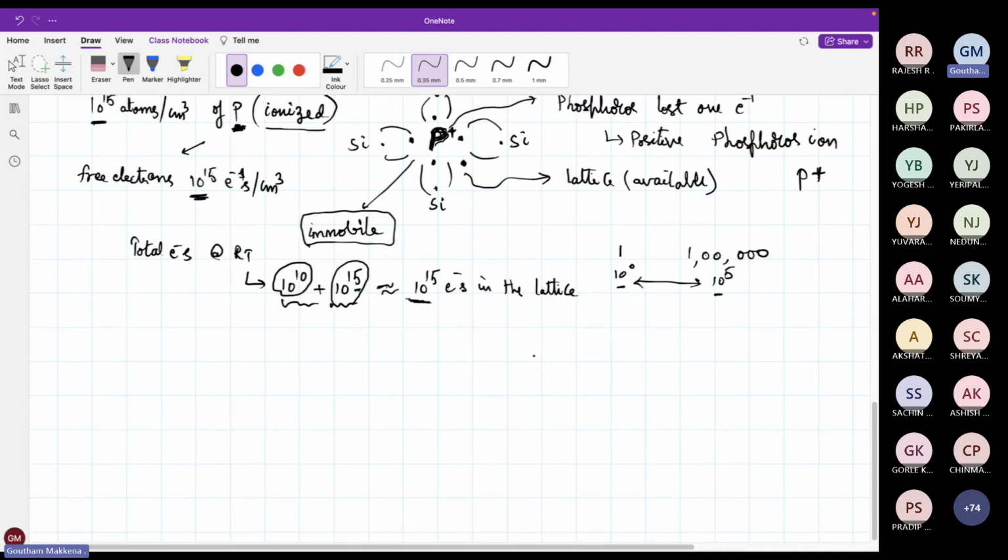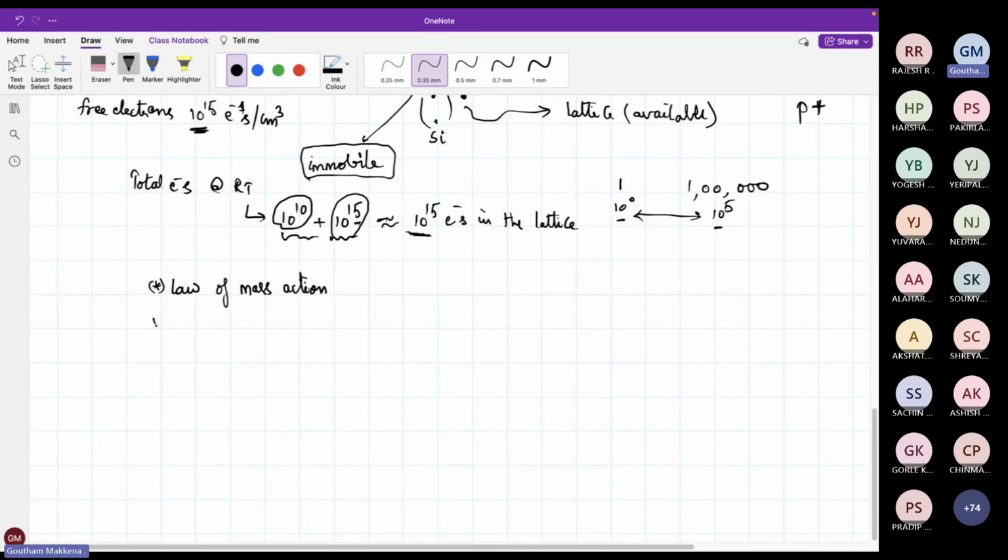Like I told, if you go to Professor Rajavi's lectures, there will be more and more details. If you are interested, two things are very important. One is the law of mass action. Again, I don't want to go into detail in the class over here.